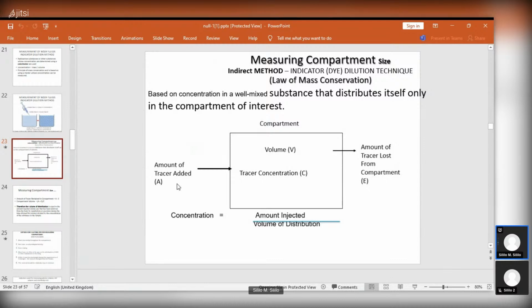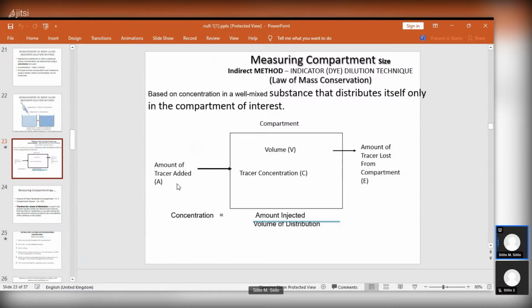And then you now calculate your new concentration. What is the new concentration? Amount injected over volume of distribution. You swap that formula and you're able to get your new volume, depending on what compartment you're going to use. Certain dyes are only going to penetrate the ECF. Certain dyes are going to penetrate both the ECF and the ICF.